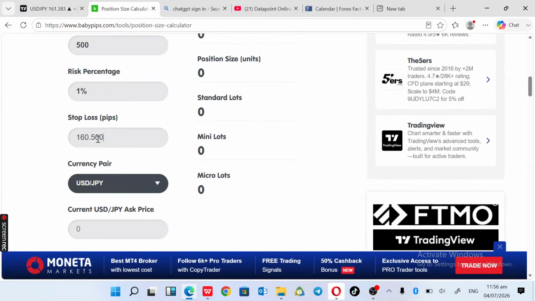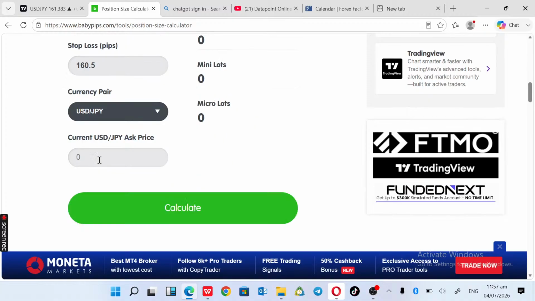Now it's going to ask you what the ask price is. The ask price is the position where the market is. What is the ask price here? This is the ask price, 161.399. Then calculate.